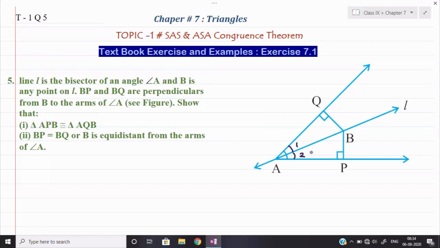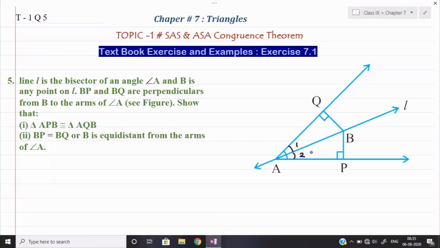BP and BQ are perpendicular. Observe the line BP, it is perpendicular on line we can say AP. Okay, and BQ is also perpendicular to the another line. Actually they are perpendicular onto the arms of angle A. You observe angle A, there are two arms.